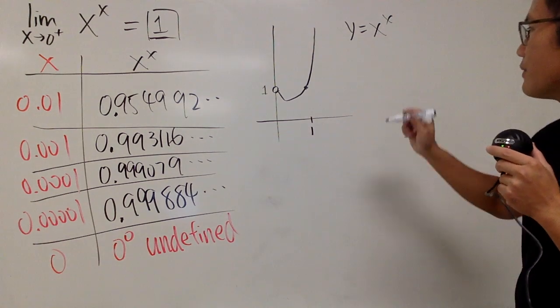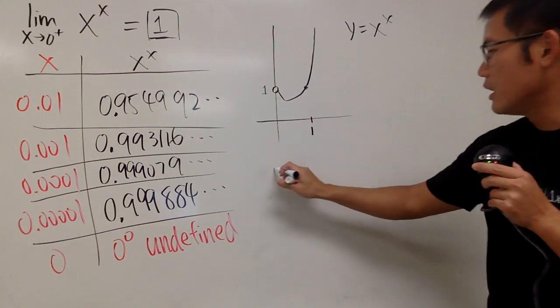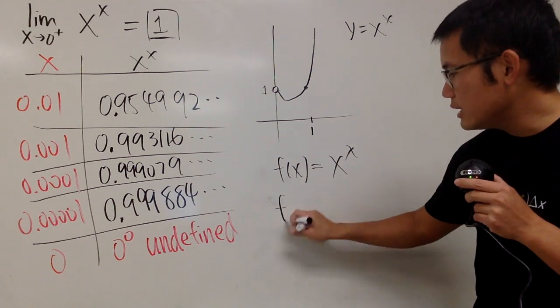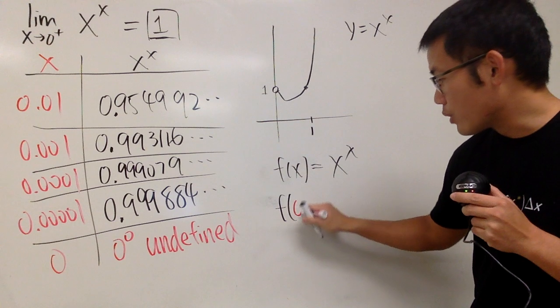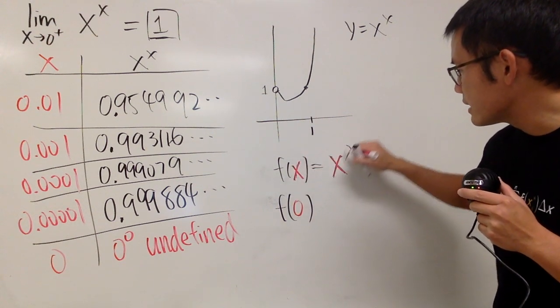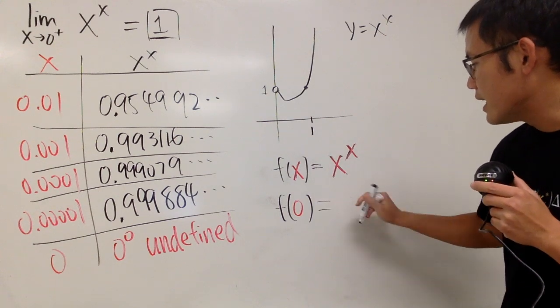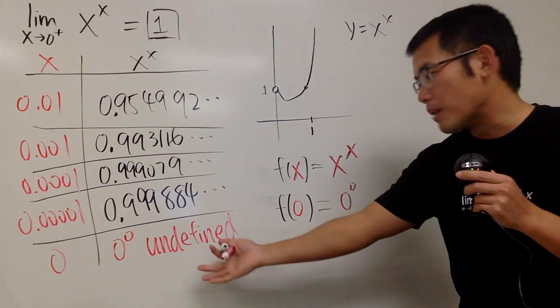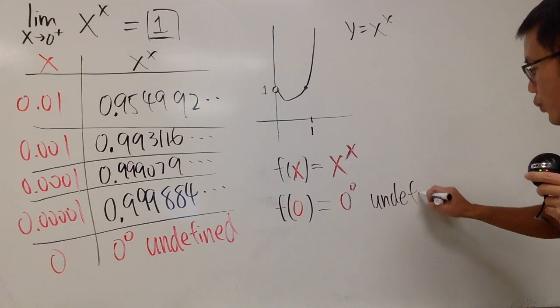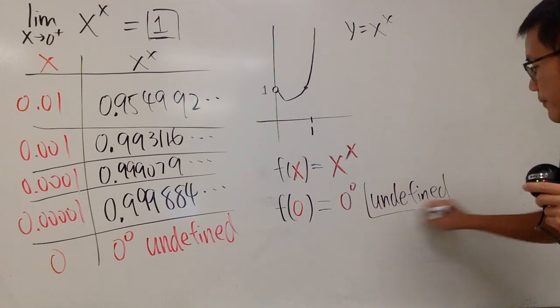And again, suppose I call this f of x, equal to x to the x power. Again, notice if we have f of 0, this right here means we put 0 into the x here and here. It means we get 0 to the 0. But the problem for this right here is that it is undefined. We do not have an answer for this, right?